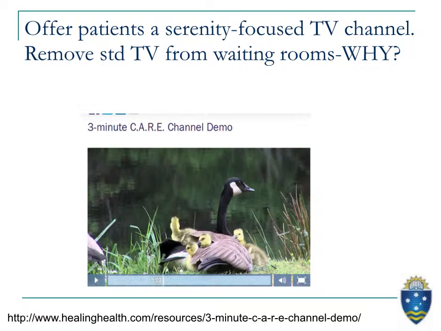Here's another concept. Whether you're talking about a waiting room or a patient's inpatient room, consider TV channels that offer things other than the news or standard television channels, but more a channel of serenity and healing.